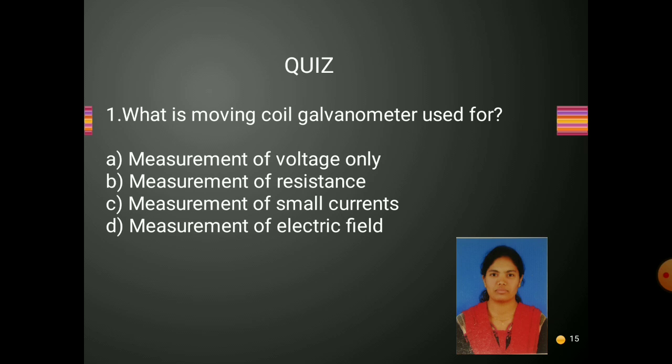Let us see how much we have learned using some questions. What is a moving coil galvanometer used for? Is it used for measurement of voltage only, measurement of resistance, measurement of small currents, or measurement of electric field? Obviously it is used to measure small currents.